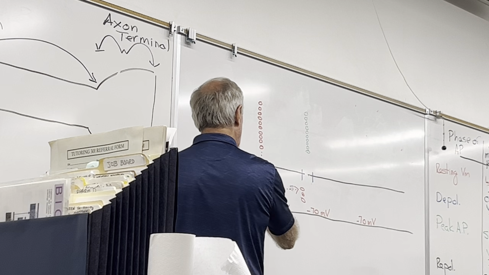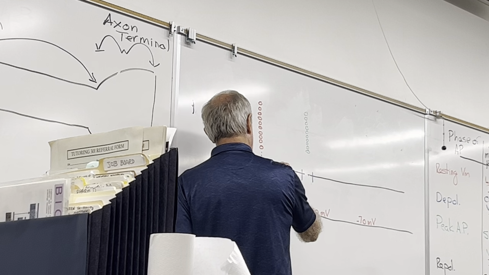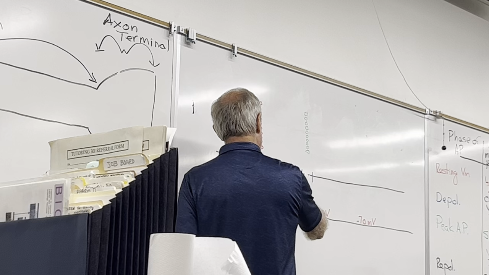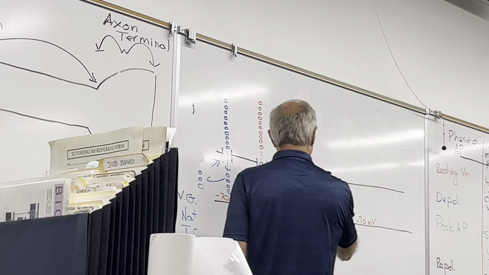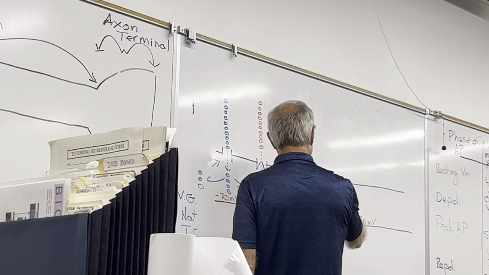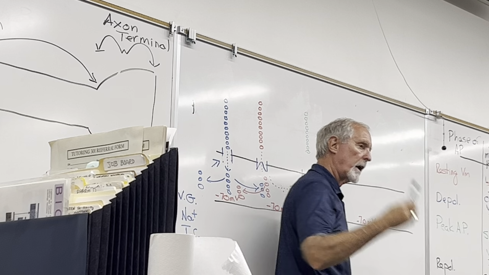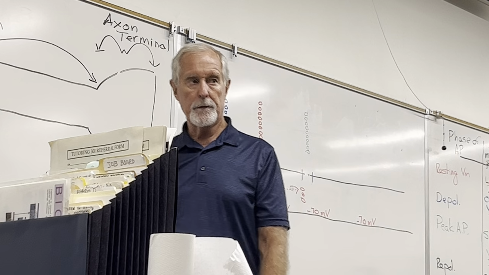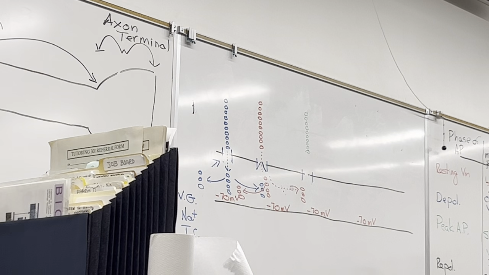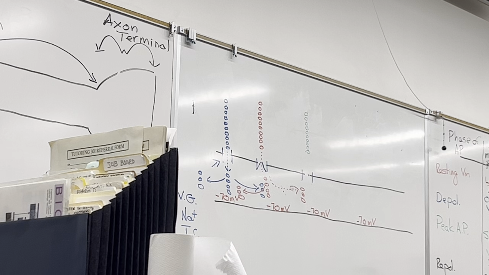The opening of this causes all the voltage gated sodium ion channels here to open up, which causes depolarization. That then causes all the voltage gated sodium ion channels here to open up and cause depolarization, and it just spreads on down along the length of the axon. Now, if that's confusing to you, please don't be bashful. Please speak up and say, I don't get it, or it doesn't make sense.